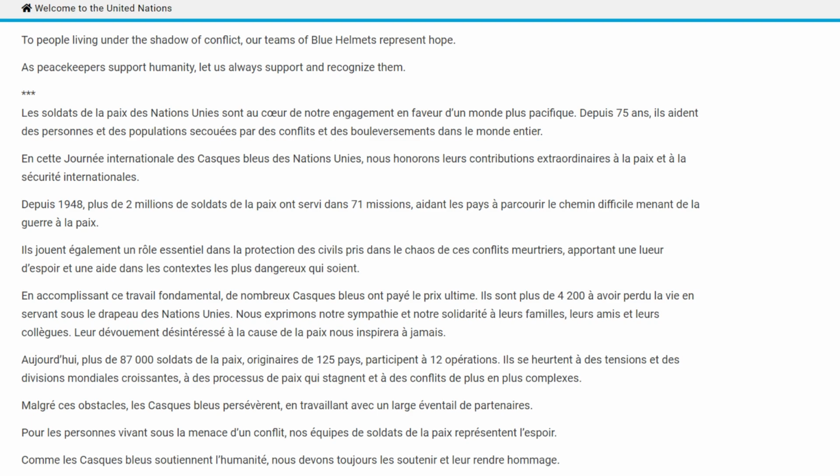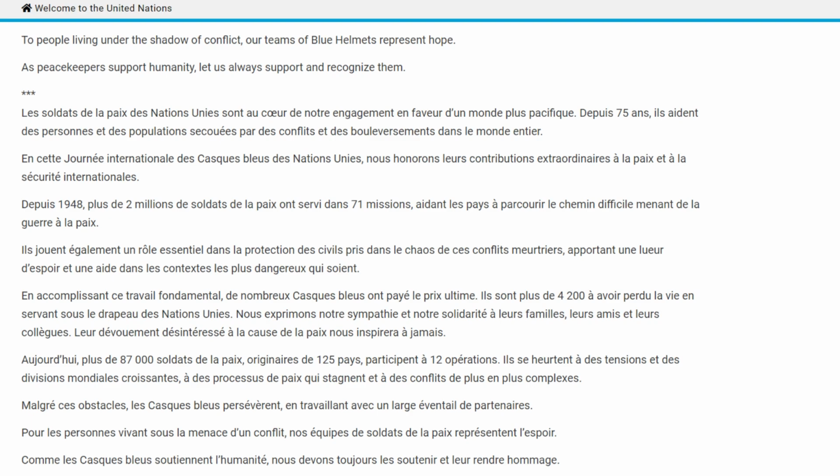Today, more than 87,000 peace soldiers from 125 countries are taking part in 12 operations. They have put a stop to tensions and rising world divisions through peace processes that have slowed down more and more complex conflicts.